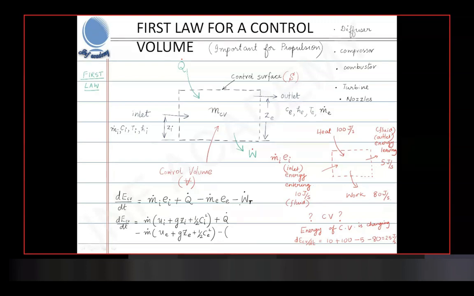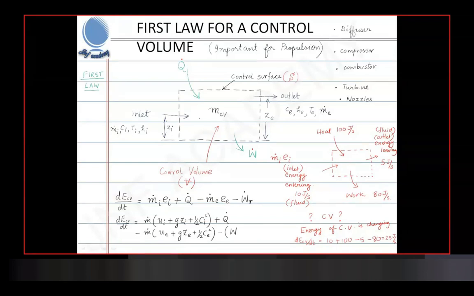I am going to split it into two parts. Okay, I am going to take all the work except for the flow work, because if you want a fluid to flow inside the inlet, you have to do something, right? You have to do something to push the fluid inside the control volume. So that work is called the flow work, to create the flow inside.